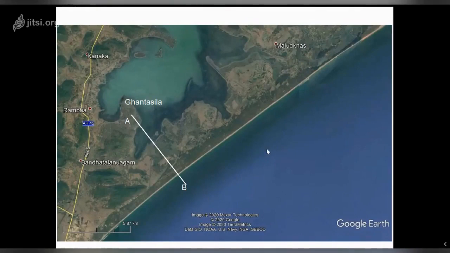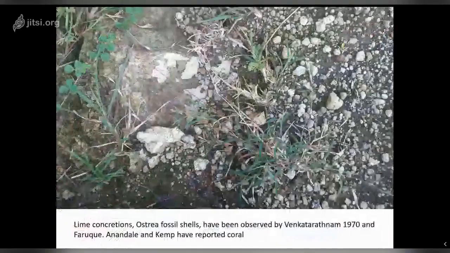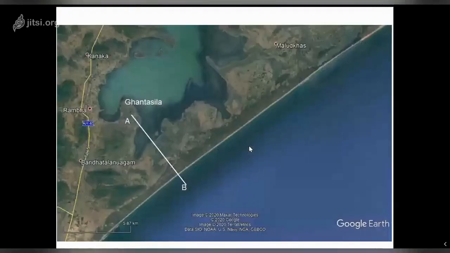I had the opportunity of taking this traverse on the Ghantasila Hill, and I have seen the Ostrea shell, the lime concretions, and of course something which gives the impression of a beach rock, which is now located at least 8 meters above the sea level.